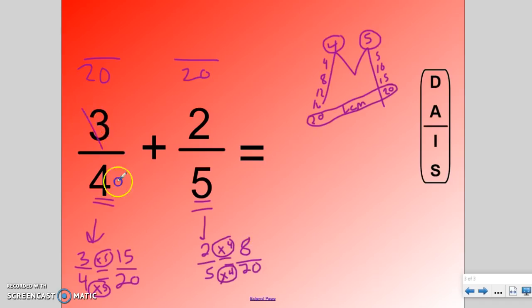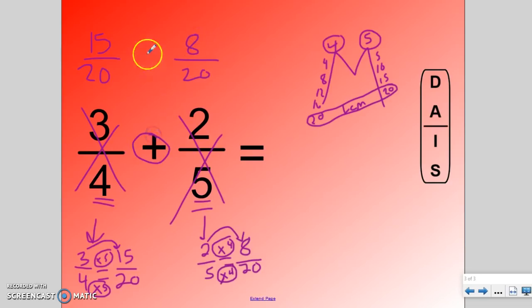So what I'm going to do now is rewrite 3/4, and instead of saying it as 3/4, I'm going to call it 15/20. They mean the same thing. And instead of calling it 2/5, I'm going to call it 8/20, because that's the same thing. And this is an addition problem, so I'm going to stick an addition sign in there with my equal sign. I finally have that common denominator of 20ths.